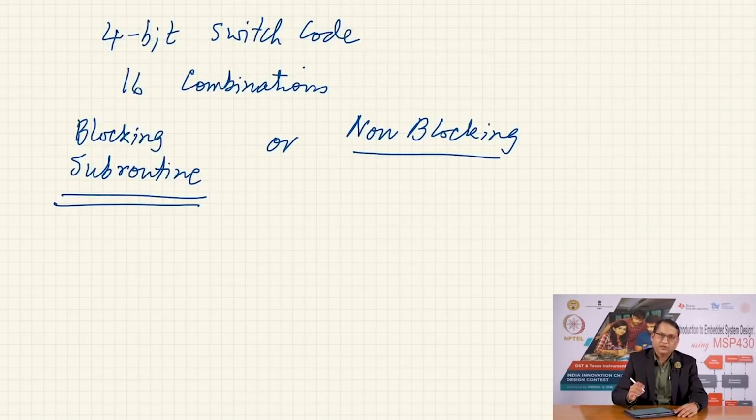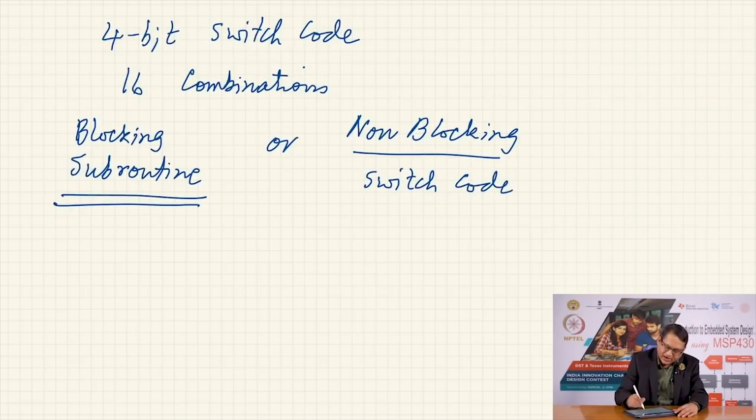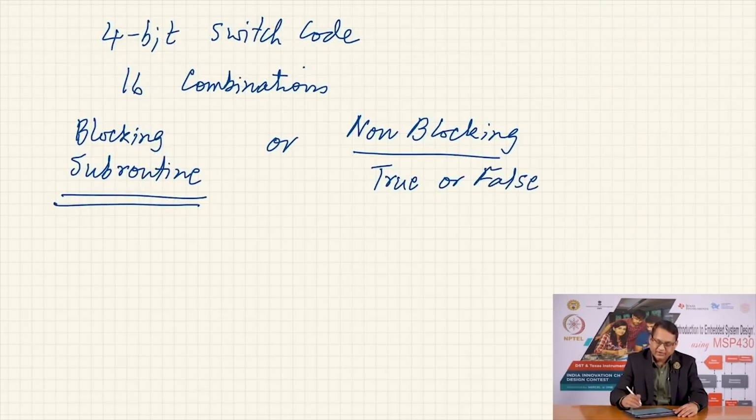Now a non-blocking subroutine would have 2 return values. Let me say that the first value will be true or false, and the second value will be switch code.